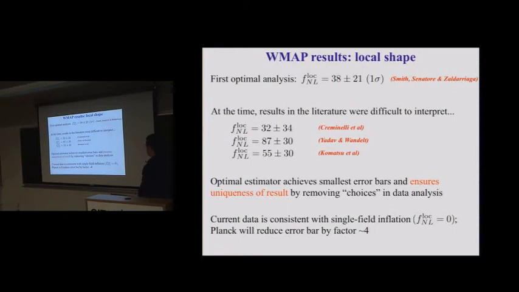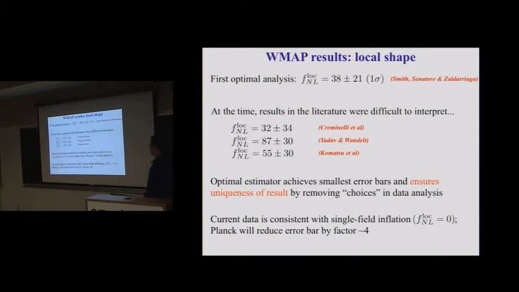One thing that's good about the optimal estimator is that it has the smallest error bars. But the other thing is that it disambiguates the analysis. The difference between these analyses in the literature is that they just made different arbitrary choices of weighting in L or weighting different parts of the map. And neither of them was wrong.